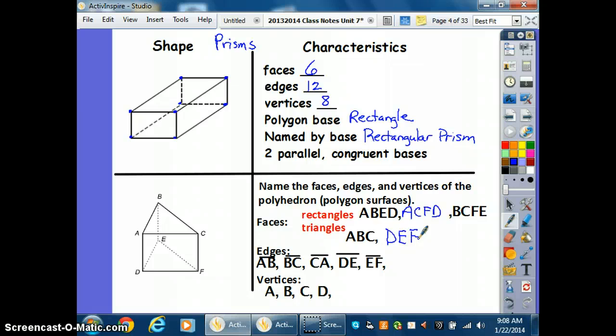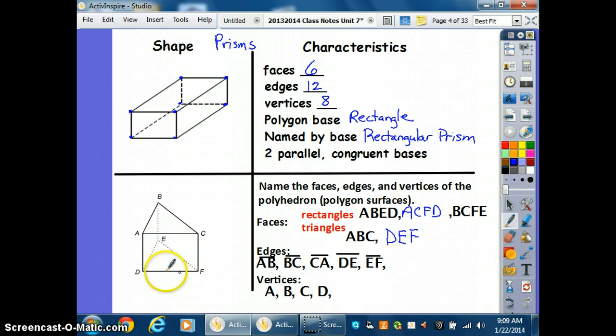Now the edges. I've got some of these labeled. How many edges are there? There's 3 on the top, 3 on the bottom, and then 1, 2, 3 that connect those triangles, giving me a total of 9. I have 5. I need 4 more. So I have AB, BC, CA. I also have DE and EF.